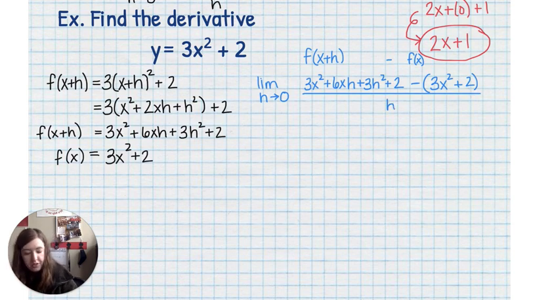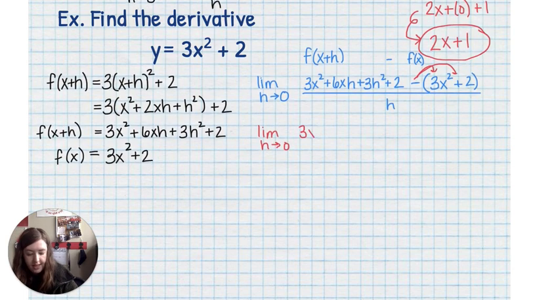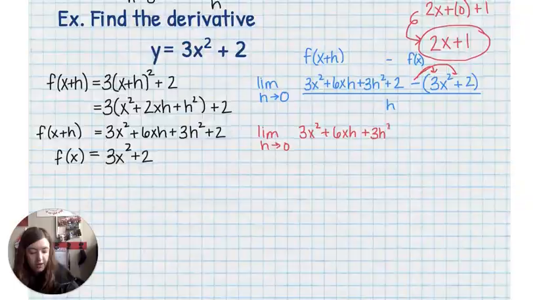So now we'll distribute that negative 1 out to everything in the second set of parentheses.